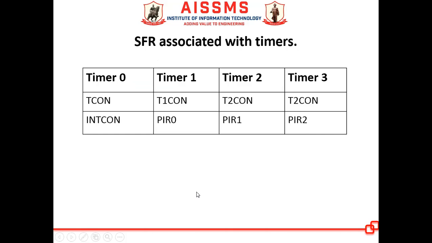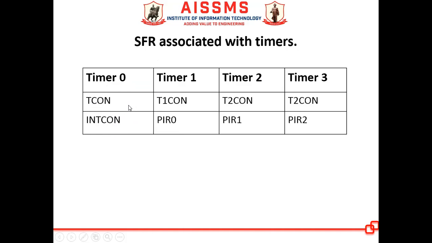Now, for a timer, there are special function registers associated with timers. So, why do you require SFRs or registers? So, for controlling the operation of timer. So, for timer 0, you have timer 0 control register, T0CON register, and INTCON register.